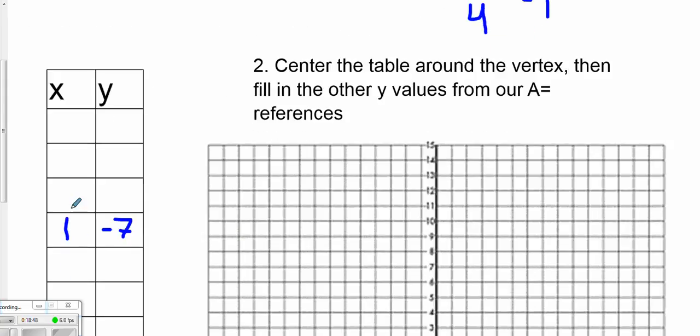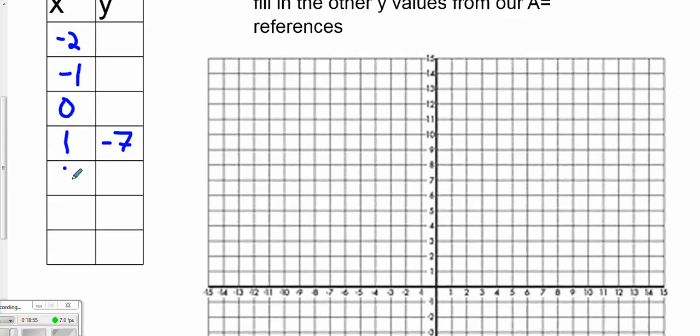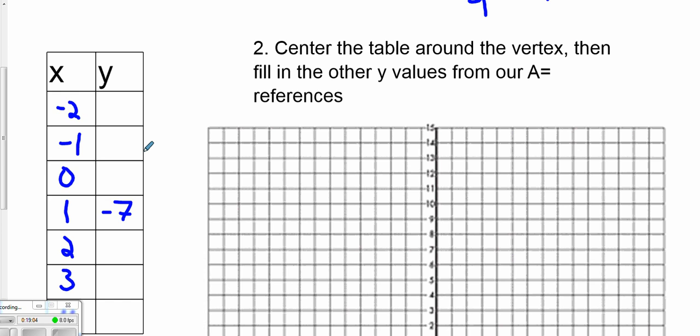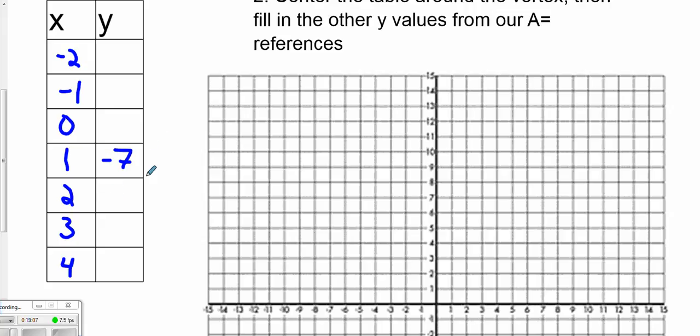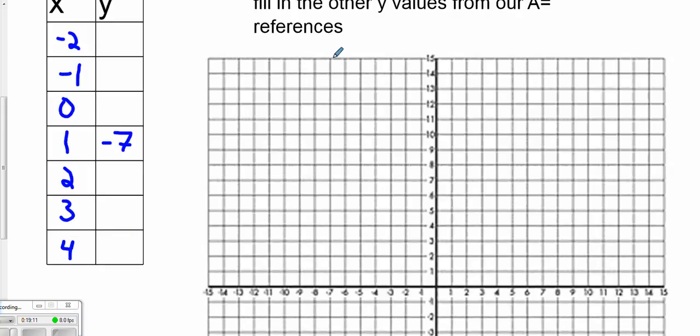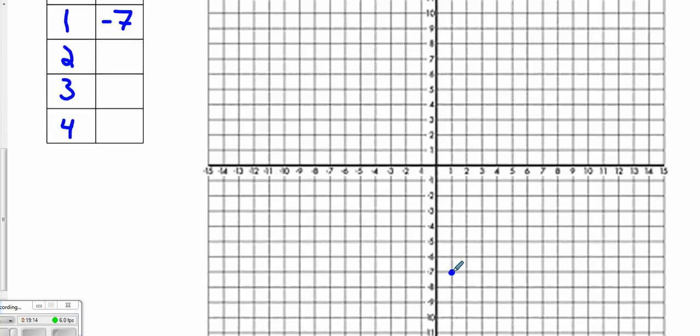So all we need to do now is just plug in values or points that are around our vertex. If we wanted to, we could go through and plug them each into here and solve it and figure out what we got. Or, remember, we have our reference guide for 2. When a equals 2, what is happening from our vertex? Instead of going over 1 up 1, it's over 1 up 2. So here and here.